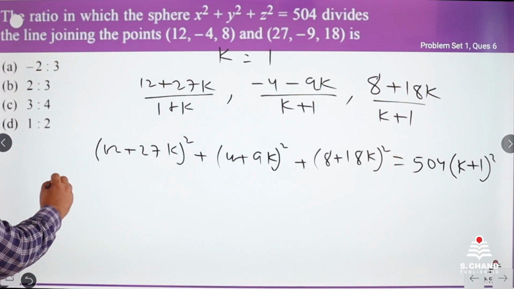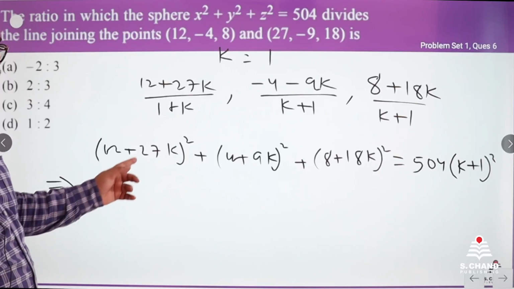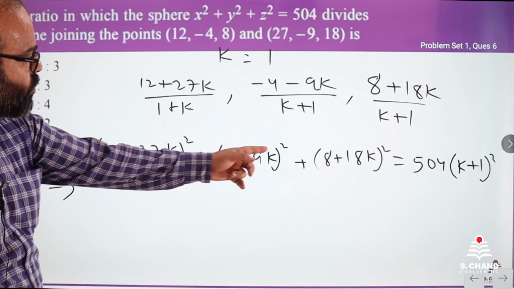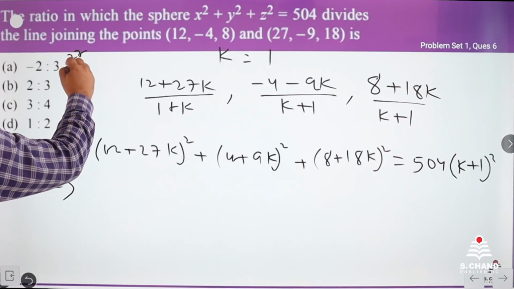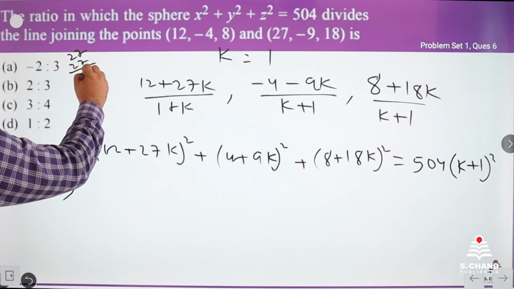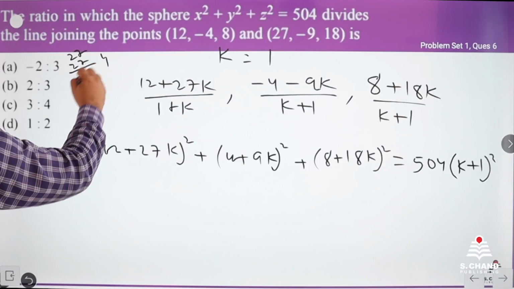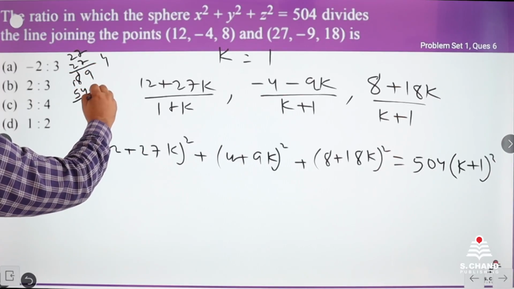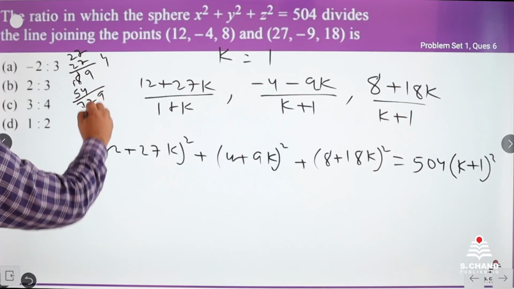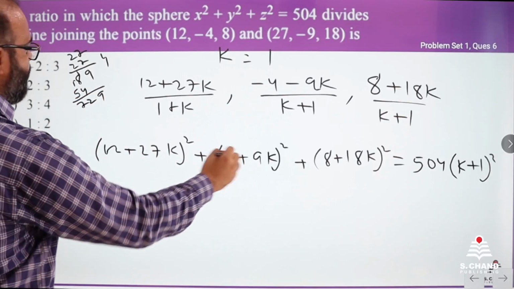Now if we calculate, we have 27 square plus 9 square plus 18 square. So 27 square, if we do the calculation, will be 729 k square, then 81 k square.